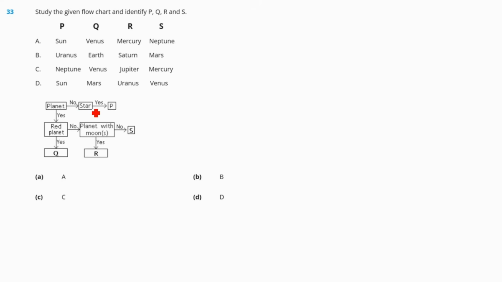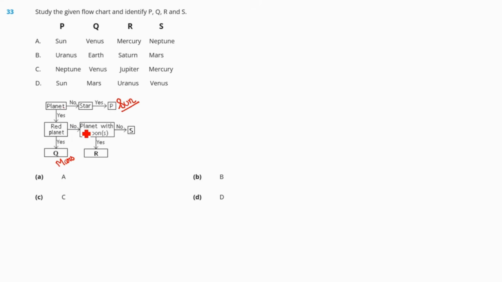Planet, no. Star, yes is P. So P can be the Sun, which is not a planet, but it is a bright star. Then planet, yes. Red planet, yes is Q. So Q can be Mars, because Mars is called the red planet. Planet, yes.